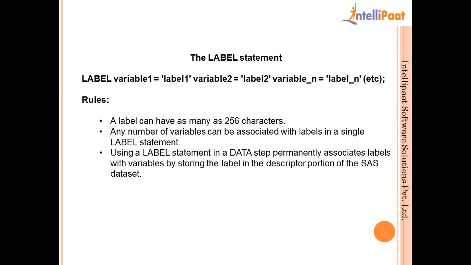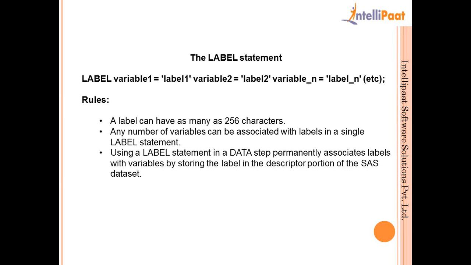The label can have as many as 256 characters, but it cannot be more than 256 characters. Then, any number of variables can be associated with labels in a single label statement.